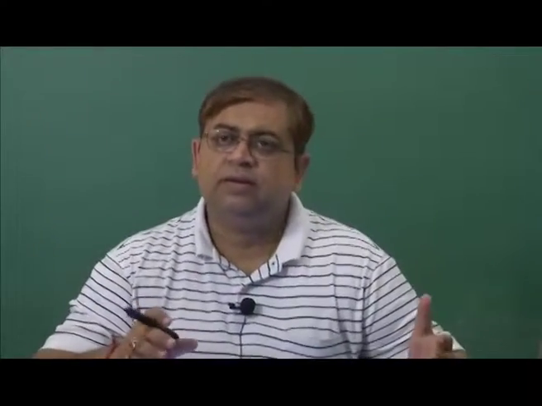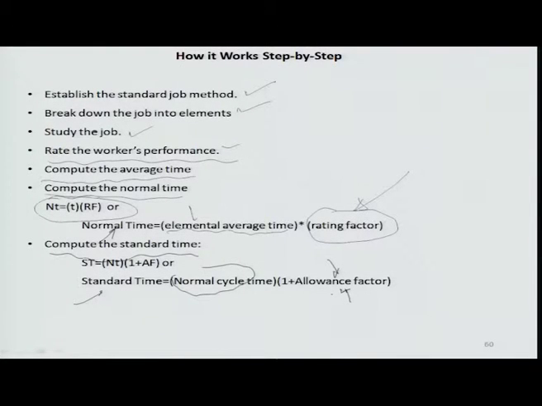For example, the material which comes may be damaged in a particular case, where there may be certain change, the material that you have picked up for assembly, you realize it is not good, you throw it and take another sample. So, there is some slack which is always needed for a smooth flow of any system. And so, standard time is set in accordance with that normal cycle time and with an allowance factor which you provide. So, let us do a small example.